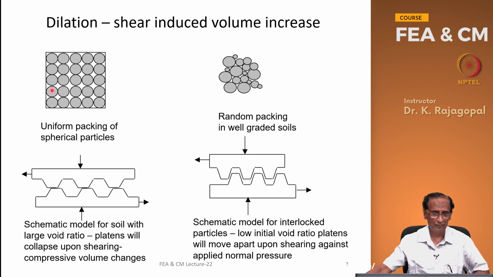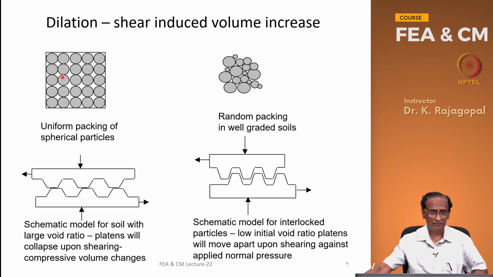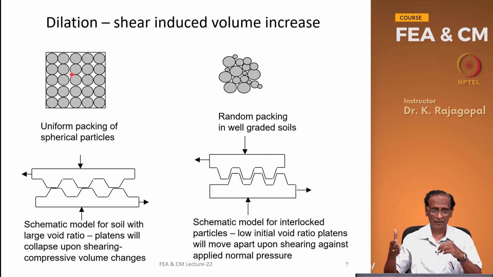So if we have a uniform packing like this, uniform packing of soil particles, all spherical particles of uniform size, this will have an initially very high void ratio, and then if you subject that to some shear strain, the particles tend to fill up the voids, with the result that the soil will undergo volume compression.